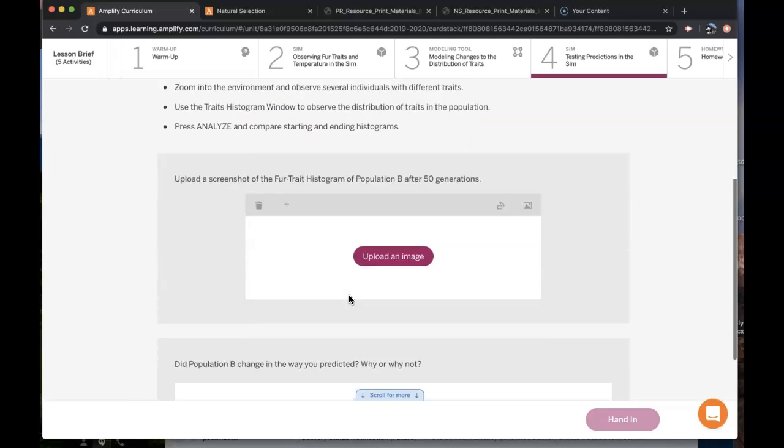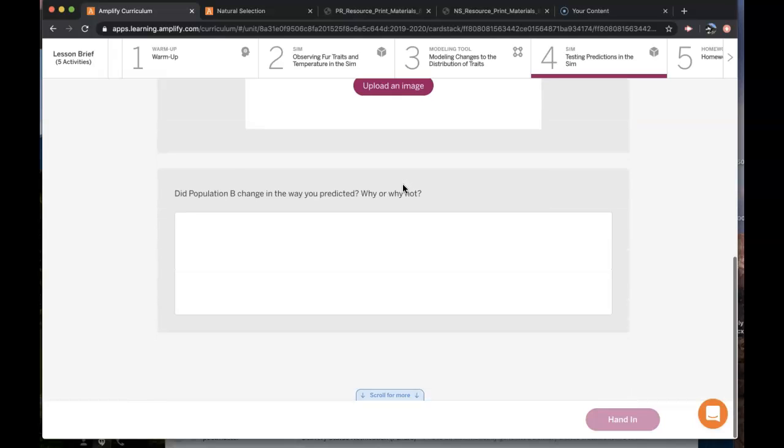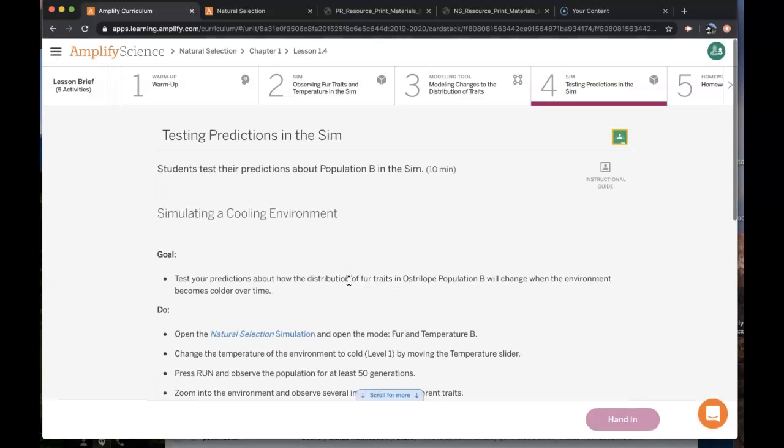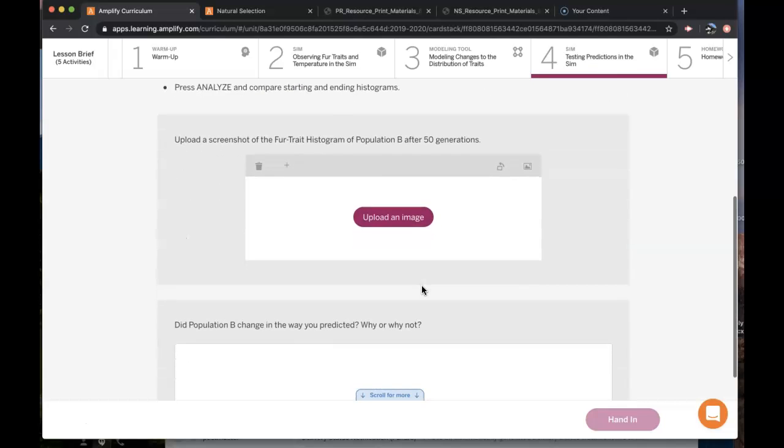And then when you press analyze, you'll upload the screenshot and then answer this question. So again, go to Amplify, lesson 1.4, open the sim, complete the sim activity, and answer the question, and then come back to the video.